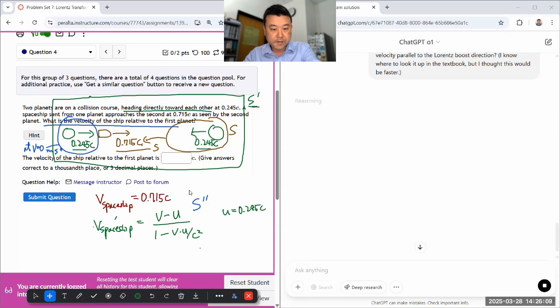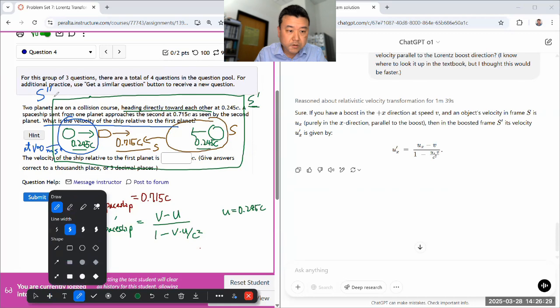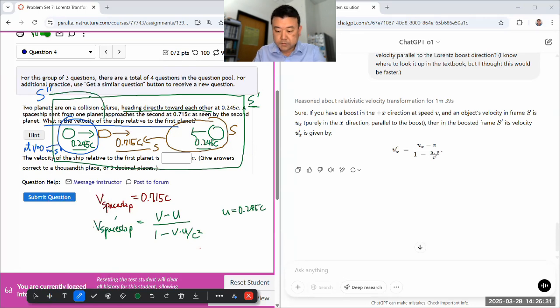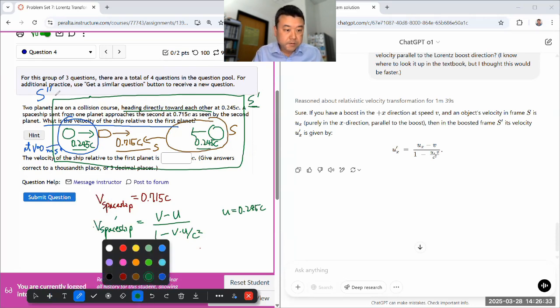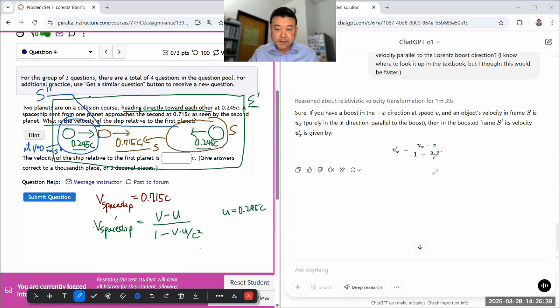It does worry me that ChatGPT is not giving me an answer right now. Sometimes it gets stuck, especially when the context window gets too long. Oh, okay. Oops, wrong color. And to label this with the blue. Yeah, I remember the formula right. Close enough.